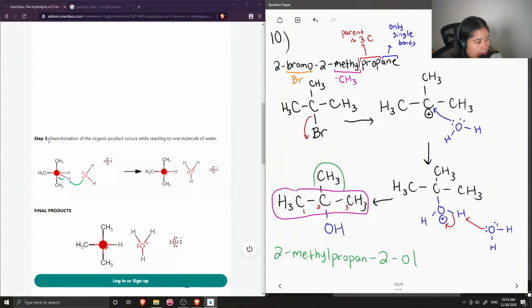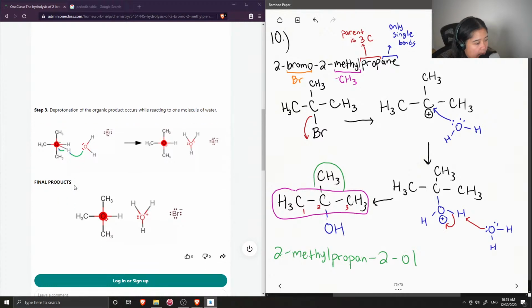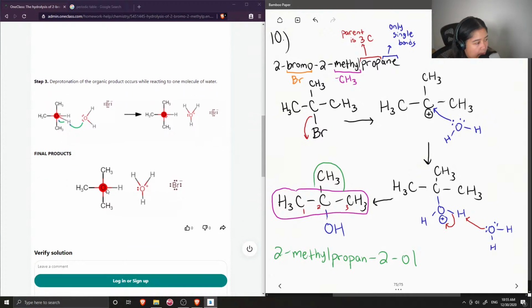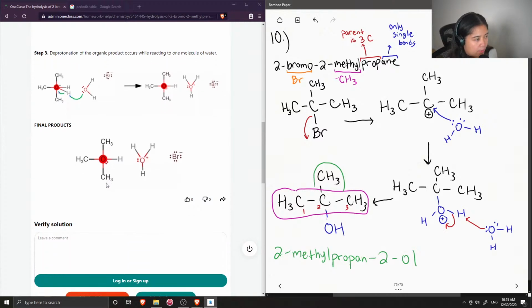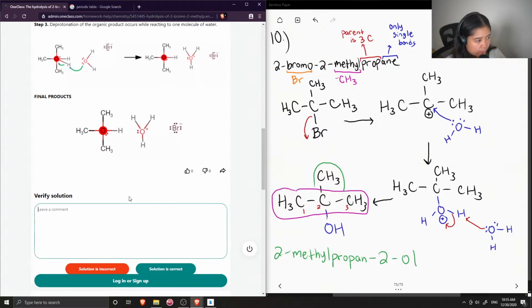Step 3, deprotonation of the organic product occurs while reacting to 1 molecule of water. So they have water coming in to deprotonate. I don't know if they meant to put the oxygen in the middle like that, but there should be a carbon kind of like in between.